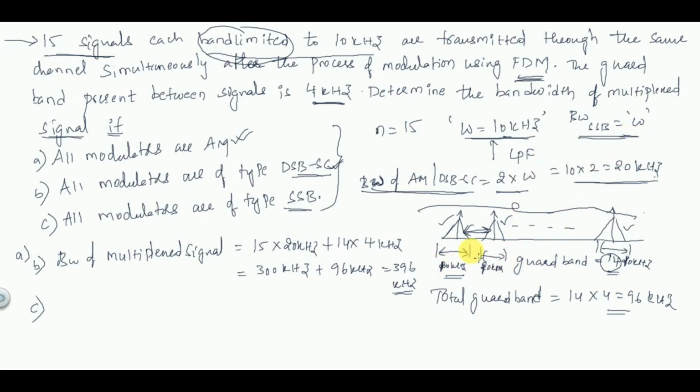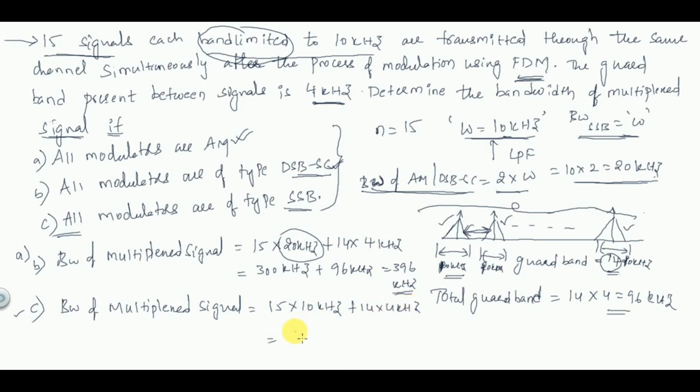Therefore, in the case of SSB modulators, that is for C, I am writing: the bandwidth of the multiplexed signal is equal to 15 into, now instead of 20 kilohertz, which is the bandwidth of AM or DSBSC, the bandwidth of each signal is only 10 kilohertz, plus 14 into 4 kilohertz.